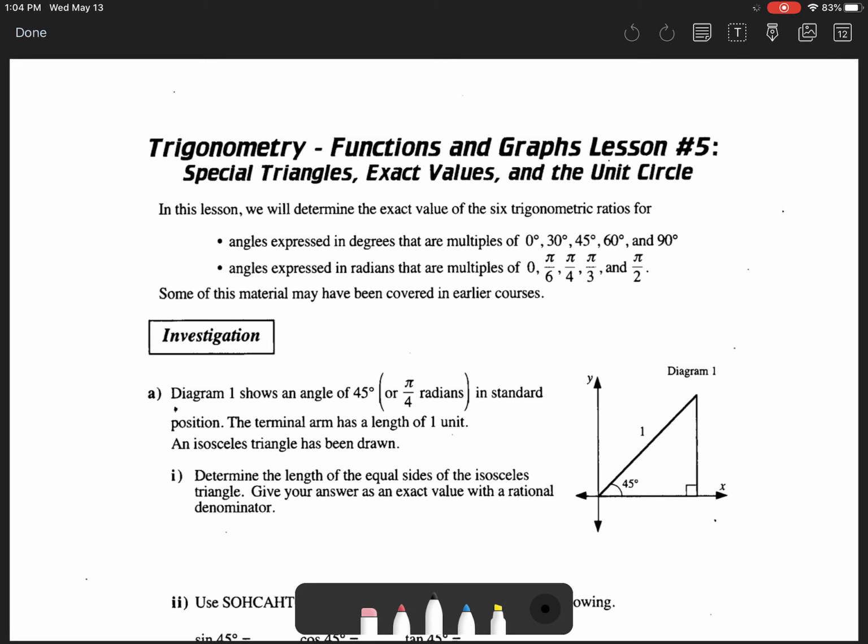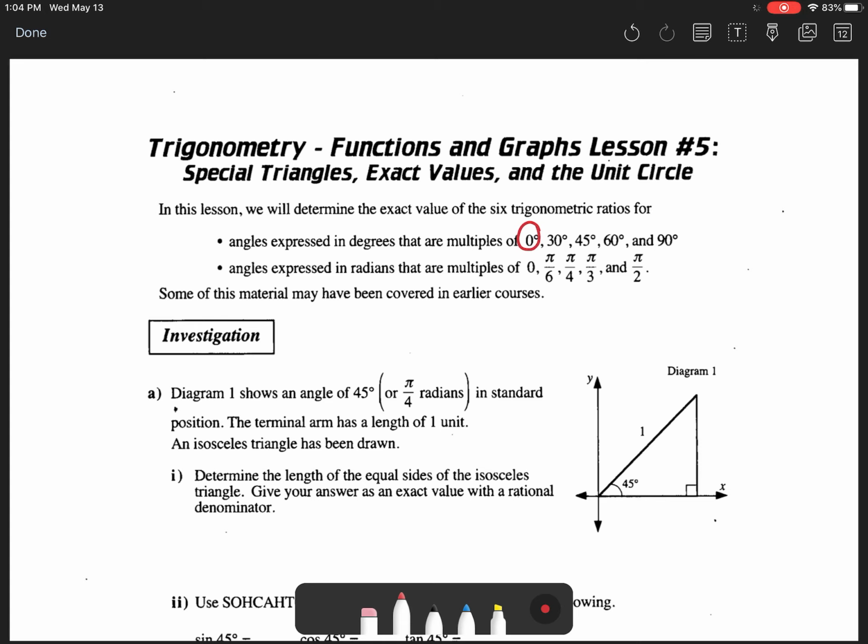So in the title here, it talks about something called special triangles, exact values, and what we're going to be creating called the unit circle. Before we get into that, they talk about our special angles and values that we are going to see over and over again.